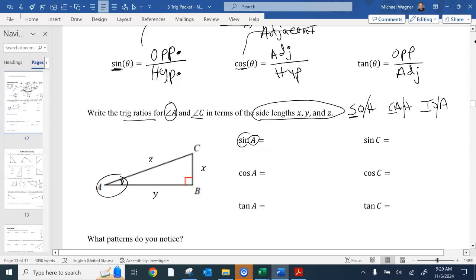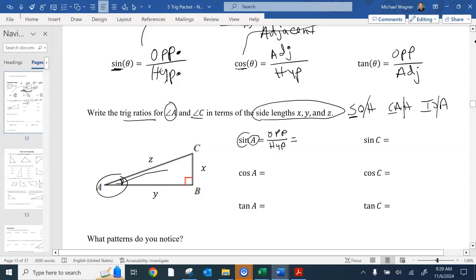What is the opposite? This is what I always tell students: start by writing your generic abbreviation, and then put in the actual numbers or whatever it refers to. So what is the opposite of A?